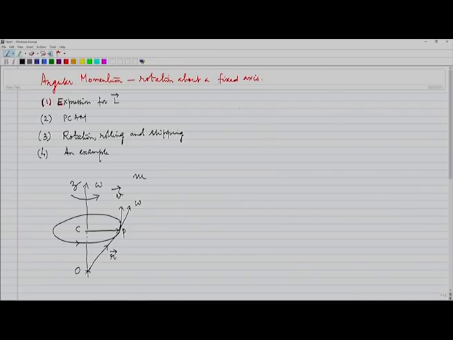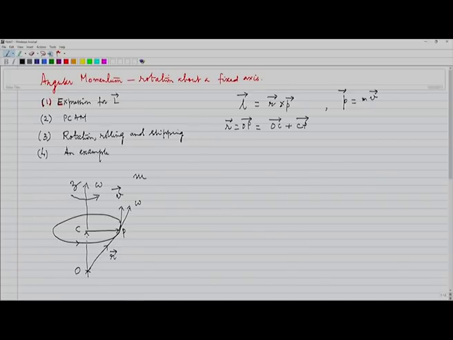The general expression is L for a single particle is R crossed with P. Here R is equal to the OP vector, that is equal to OC plus CP, and P, the momentum vector, is m times the velocity vector, the linear velocity. These things are fairly standard.